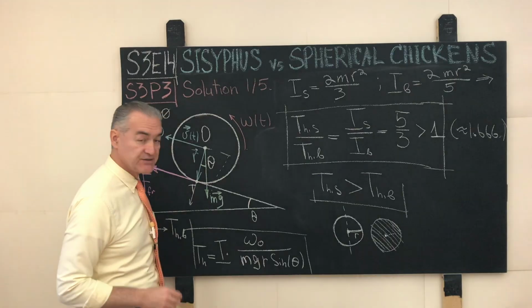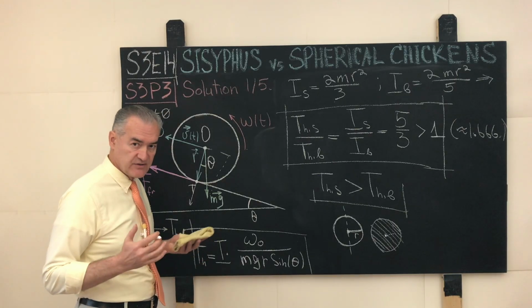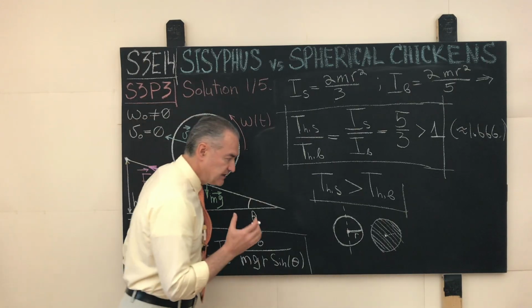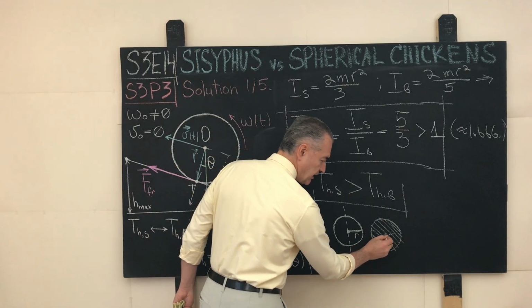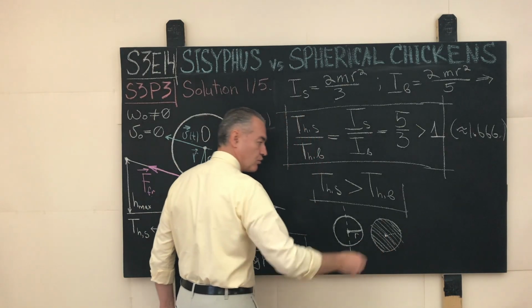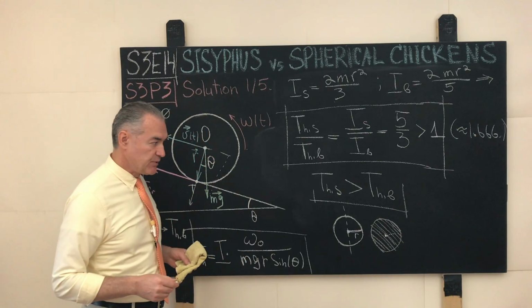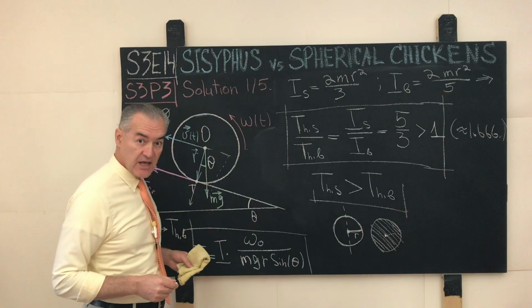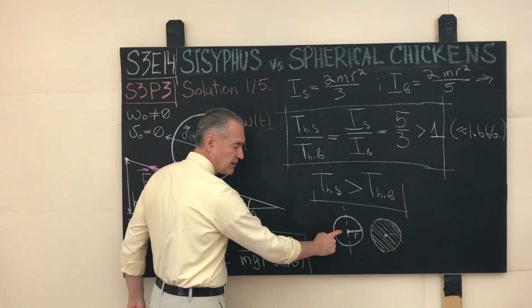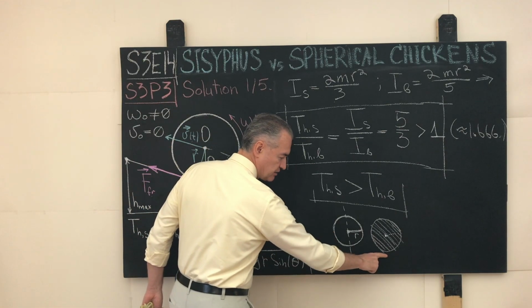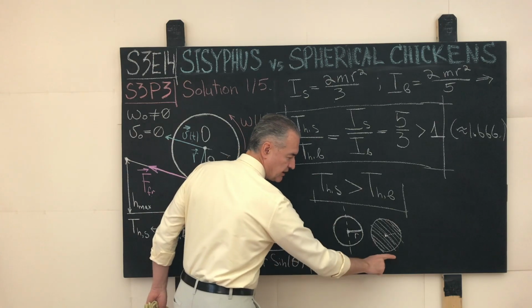And that means that in some sense, again, in plain English and very intuitively, it is easier to bring a solid object like this into rotational motion, for example, to spin it up to the same angular velocity, than it takes a hollow object. Easier, harder, harder, easier.